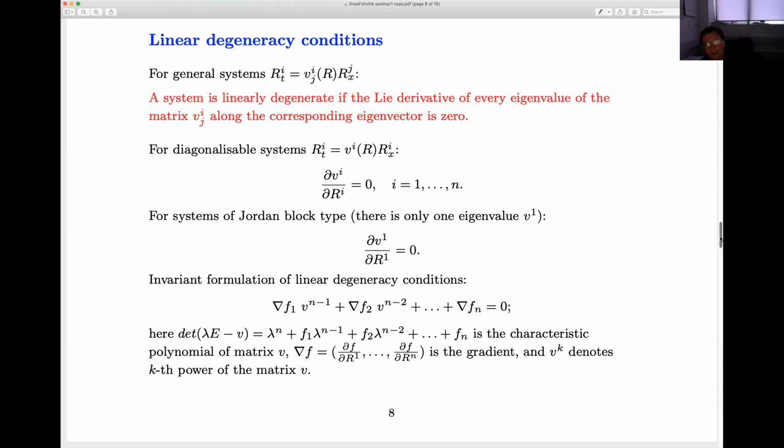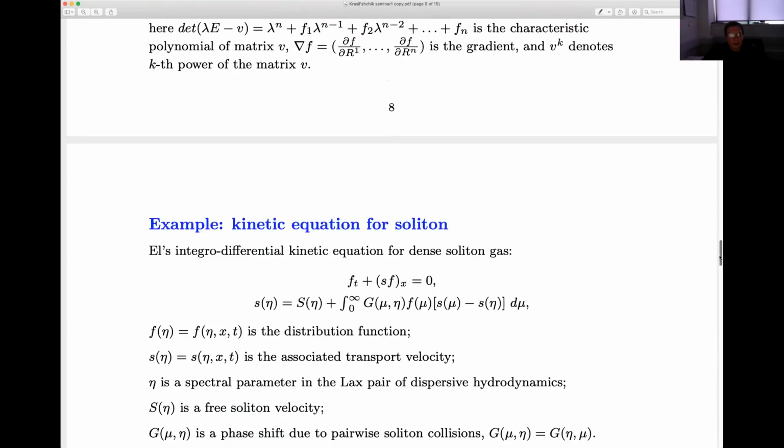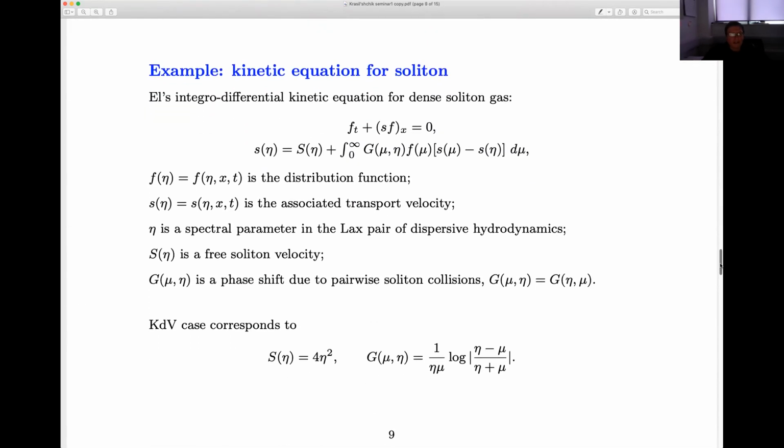Okay, let me try to describe this. So here is the kinetic equation for soliton gas. It's an integro-differential equation for two functions. One is f, which is a function of eta, x, and t. X is coordinate, t is time, and eta you can think of as a sort of spectral parameter.